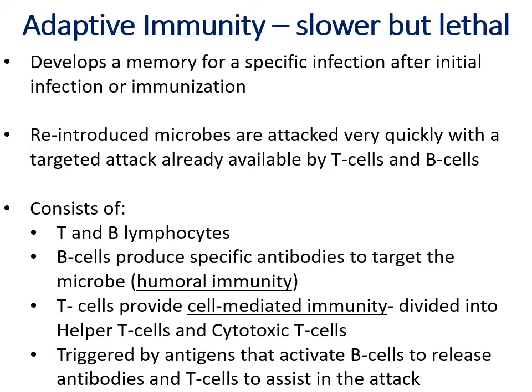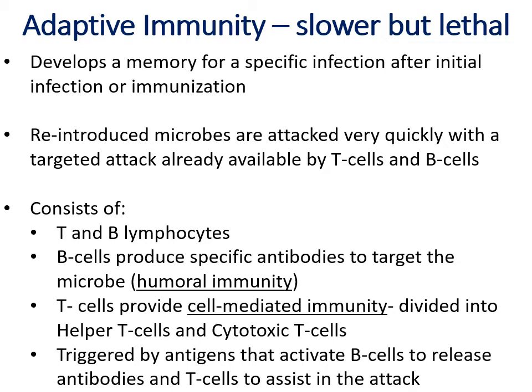It has an amazing ability to form a memory to specific infections after it's seen that infection only once. Really, this is the basis for immunizations, where we immunize starting in infancy and moving into adulthood.